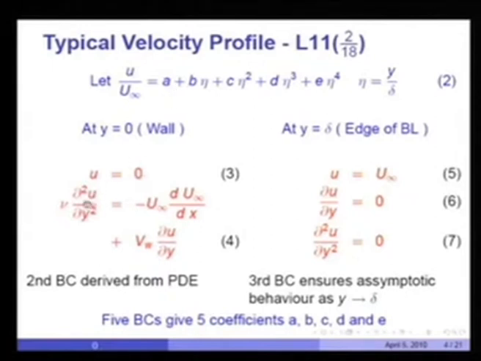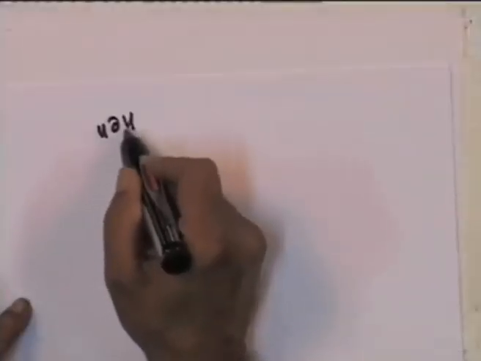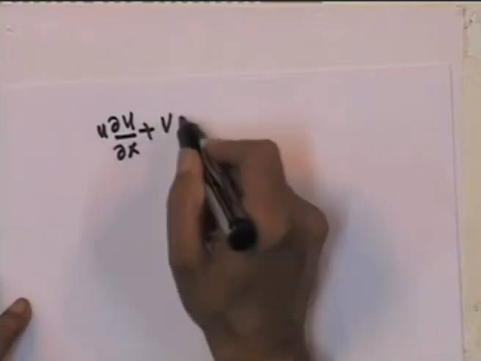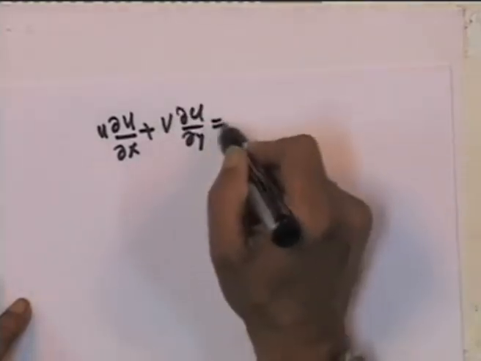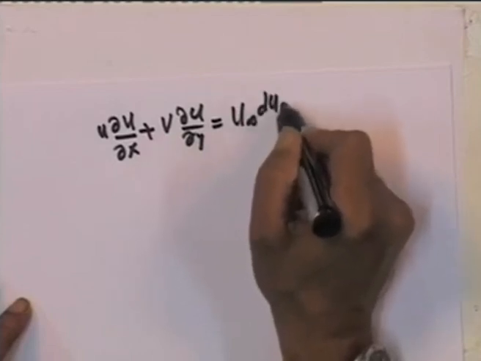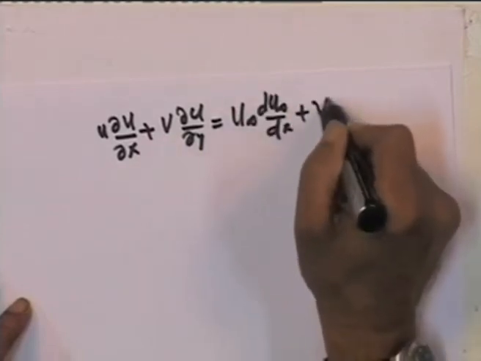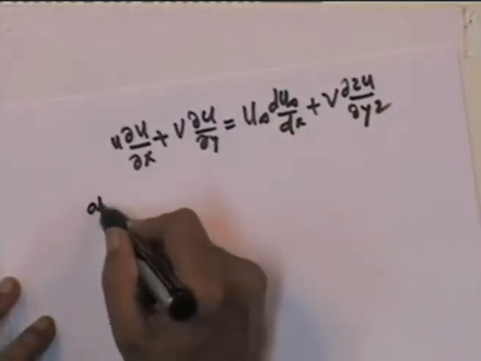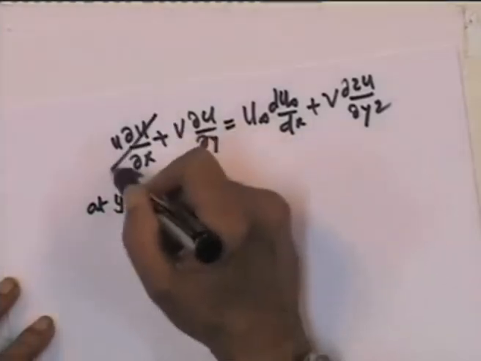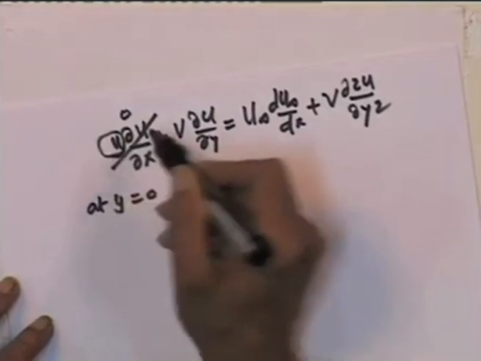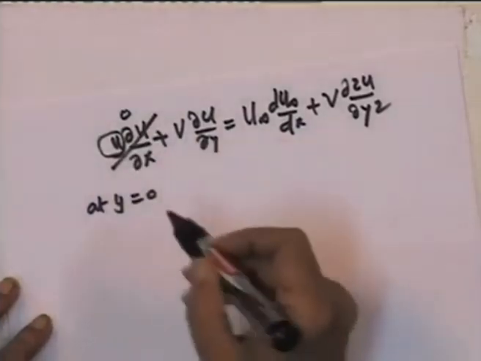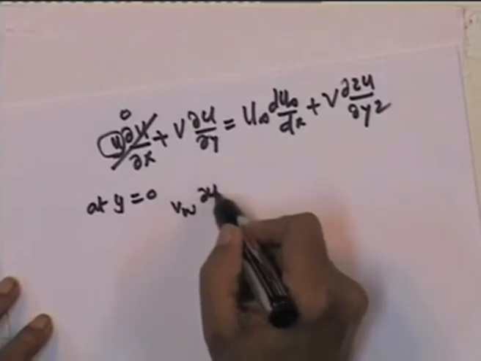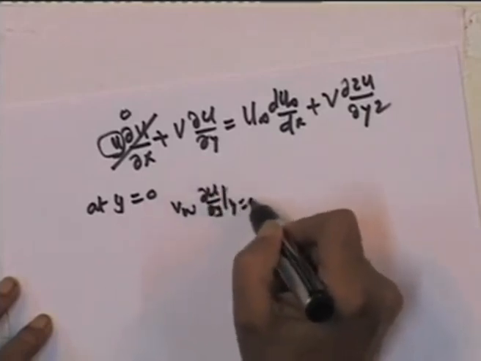But the second condition comes from the momentum equation. Now, if I write this equation at y equal to 0, then clearly that term will be 0 because u itself is 0. V, however, will be v w into du by dy at y equal to 0.